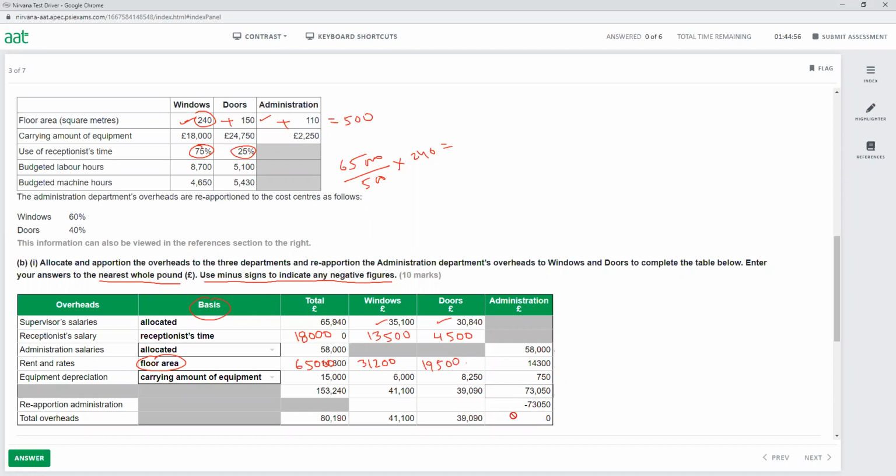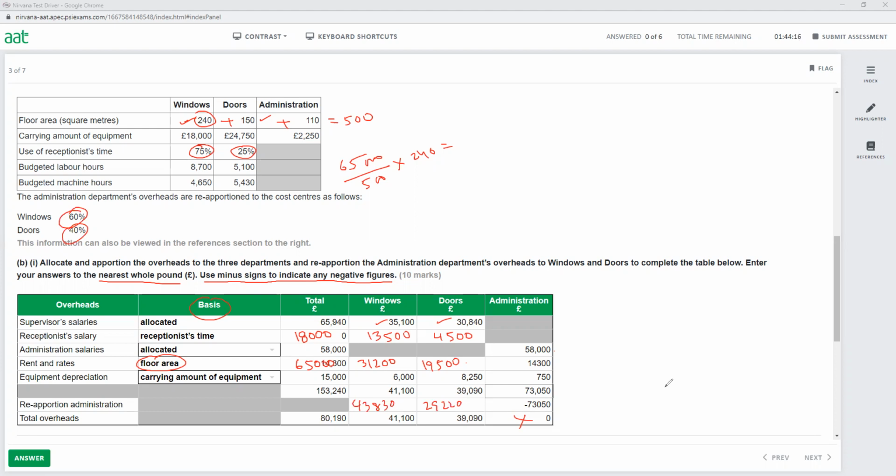Remember that. So in the bottom, it will be 0 total overhead. So I want to remove all the admin, so it will be 0, and I want to split it 60% to window and 40% to the door. So 73,050, the 60% that will go to window is 43,830, and 29,220 belongs to door.